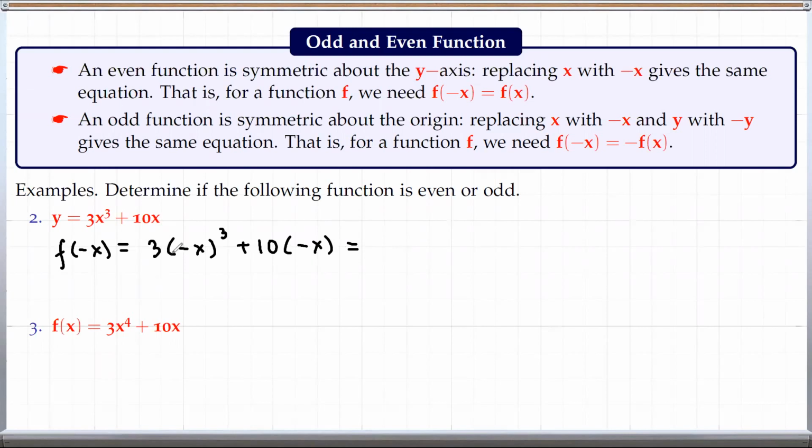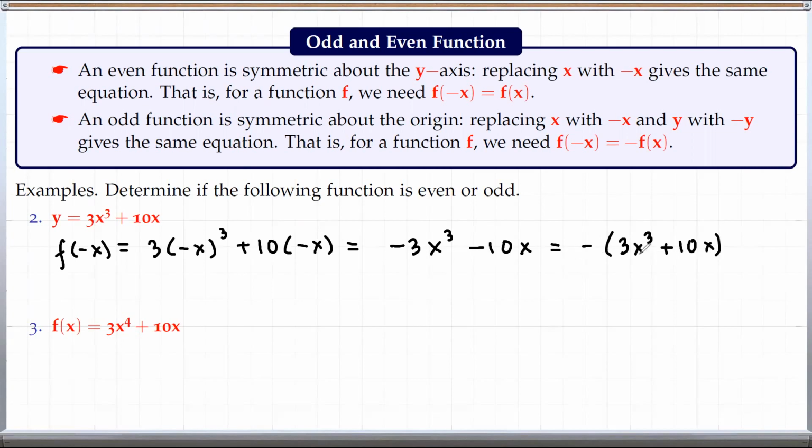Negative x cubed is negative x cubed. So this will be negative 3x cubed minus 10x. So here we can factor out negative 1. It will look like negative all the way in the front, 3x cubed plus 10x.